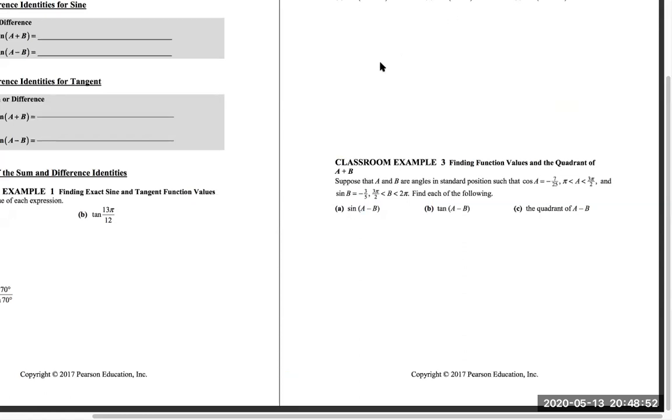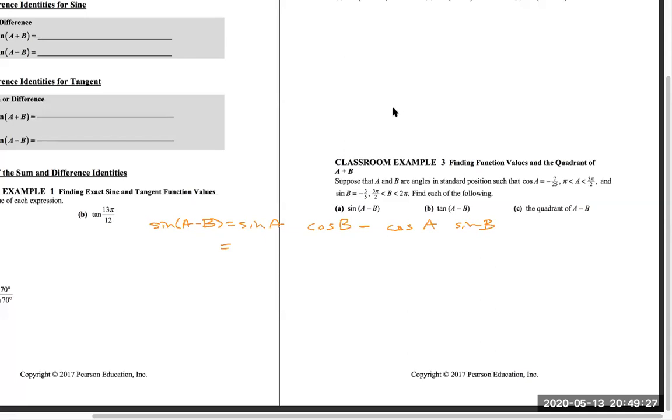All right, so here, remember for part A, we have sine A minus B: sine, cosine, cosine, sine, A, B, same sign. So we fill in what we had.